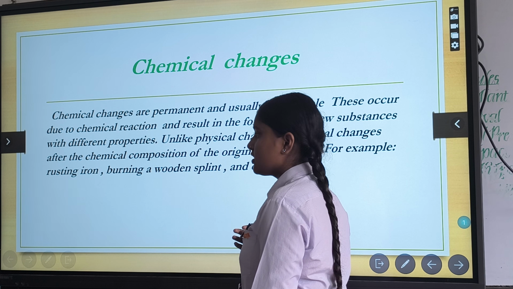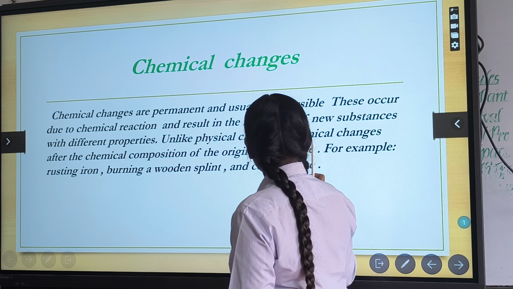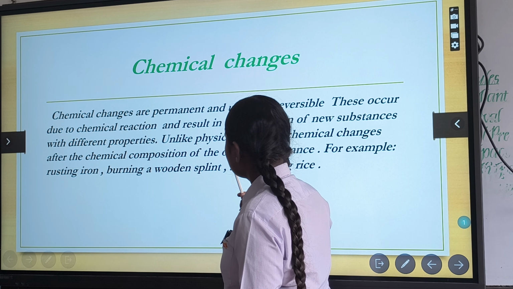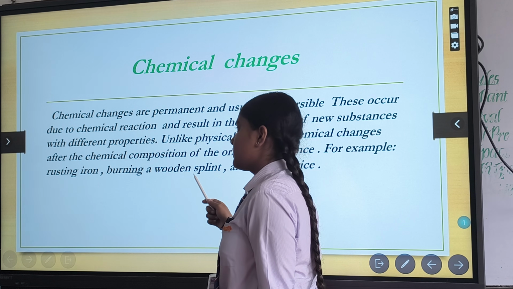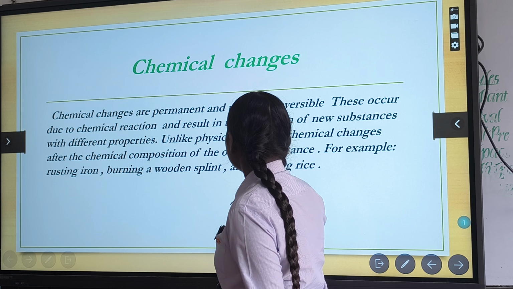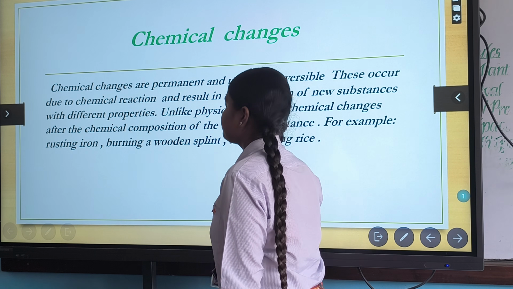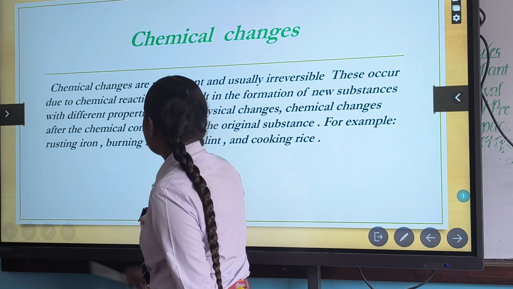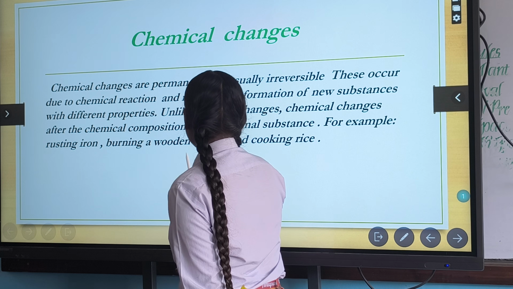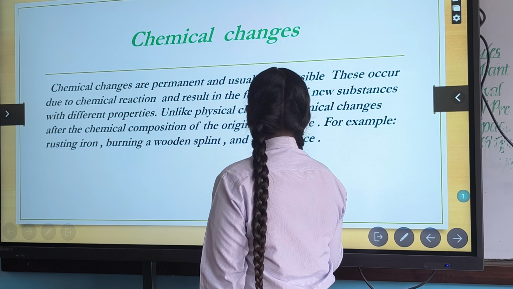Unlike physical changes, chemical changes alter the chemical composition of the original substance. For example, rusting iron, burning of a wooden strip, and cooking rice.